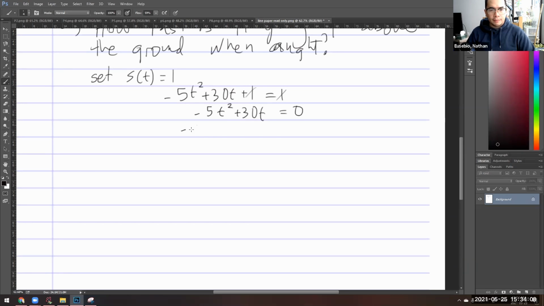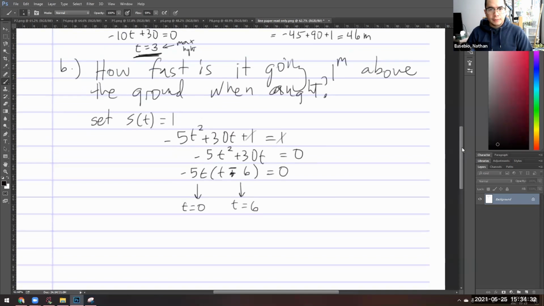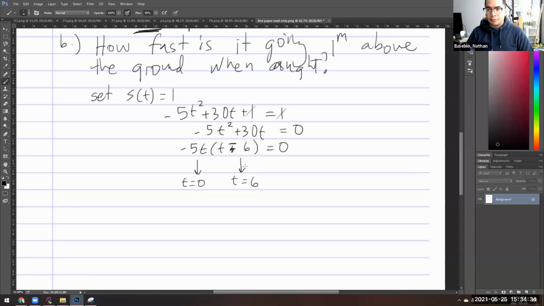Factor out the minus 5t: t minus 6 equals 0. So t can be 6. Sorry, that should be a negative on the inside because I factored out a negative number. So t equals 0 or t equals 6. So the two times the ball is 1 meter above the ground are at t equals 0 and t equals 6.